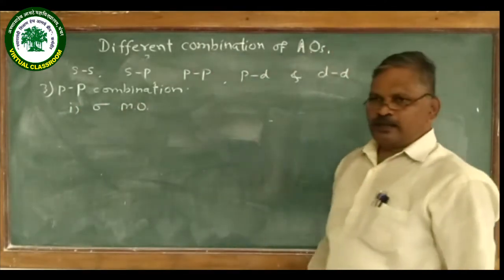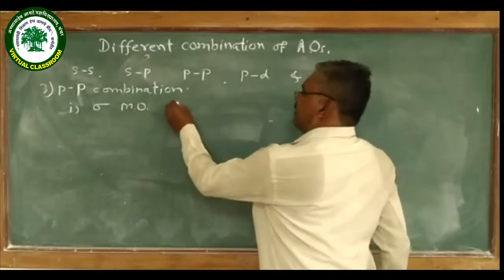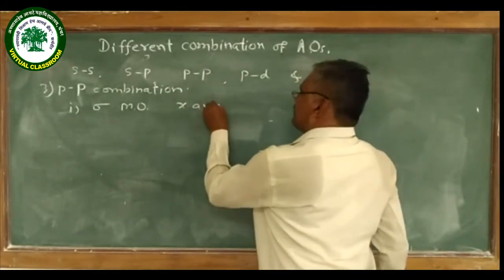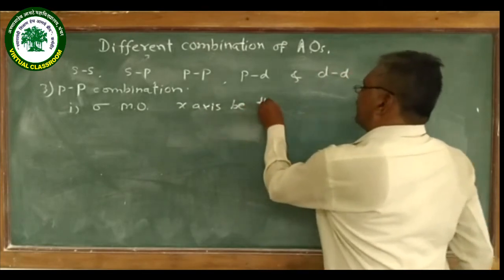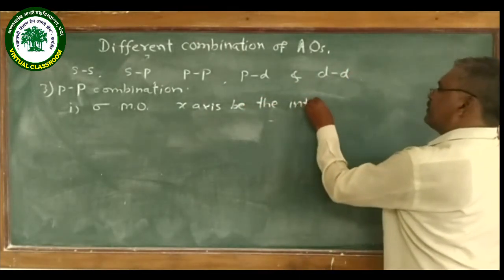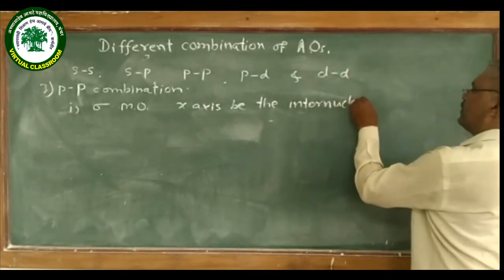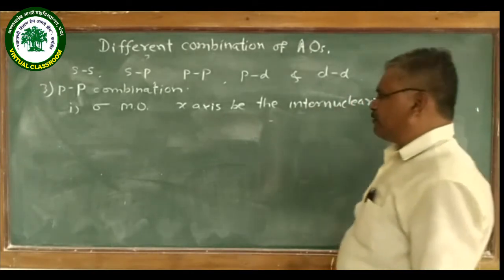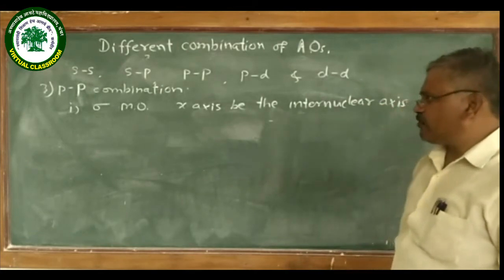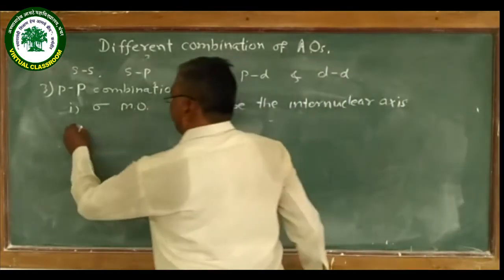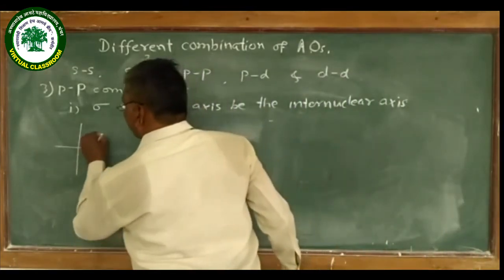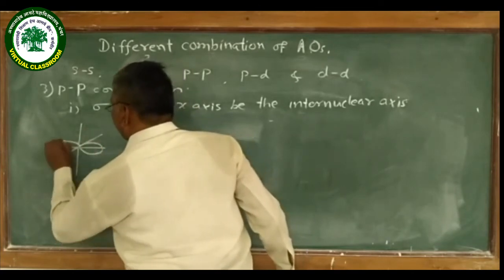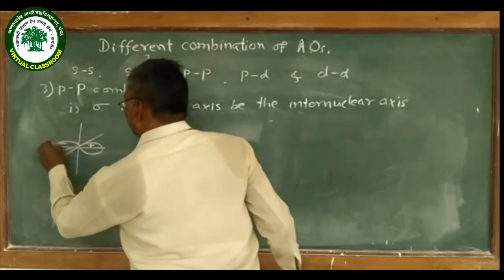In this case, let the x-axis be the internuclear axis. Then the px orbital, which is lying along the x-axis of one atom, if it overlaps coaxially, this is the px orbital of one atom.